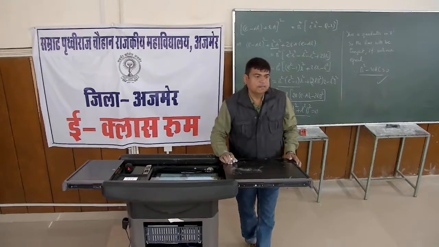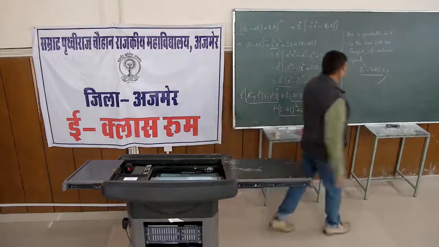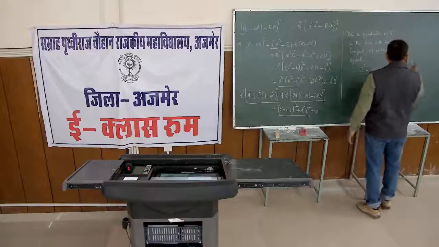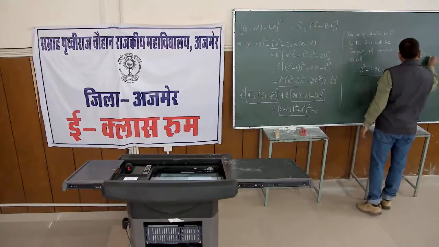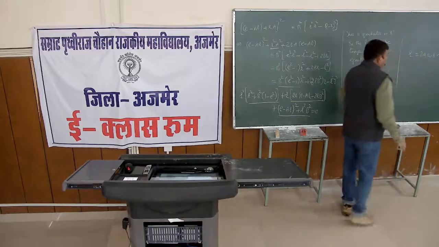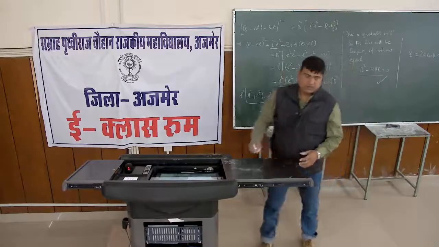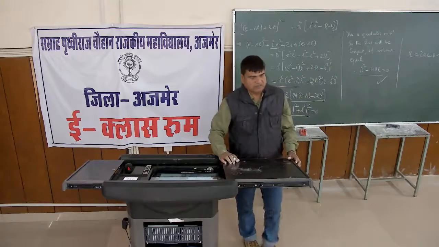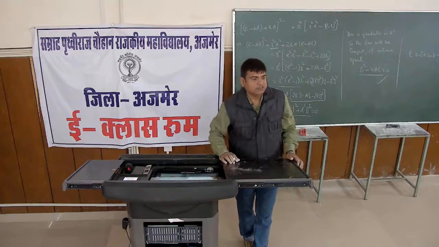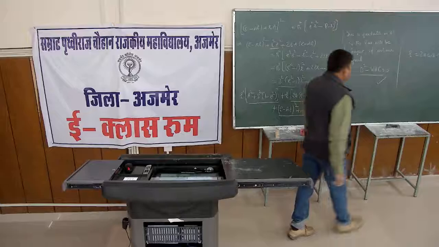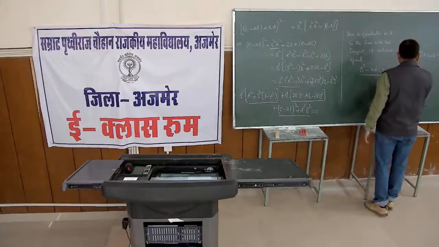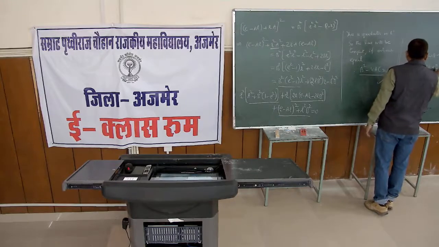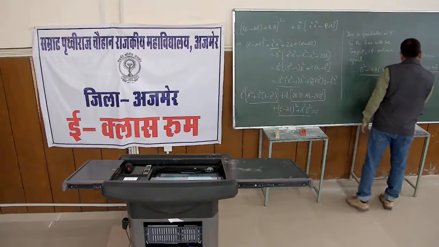Similarly, you remember we have done r equals to 2a cos theta. What does it represent? Circle. This is the equation of circle, polar form. And if I consider a particular line, suppose I say l upon r equals to a cos theta plus b sin theta.